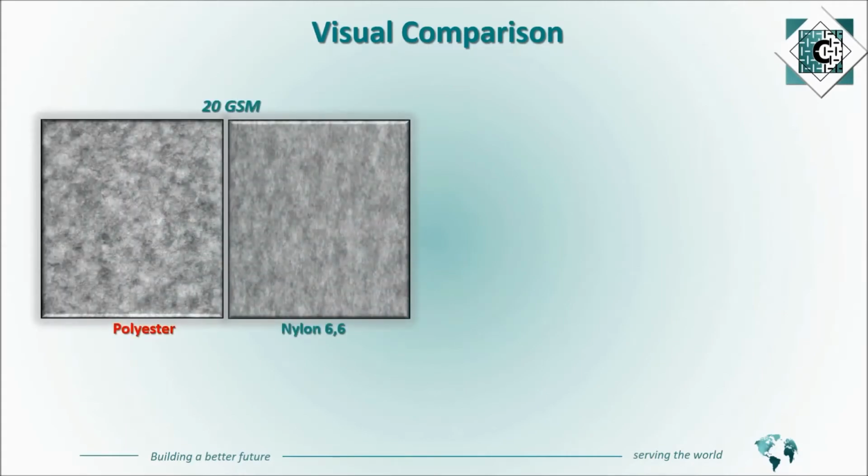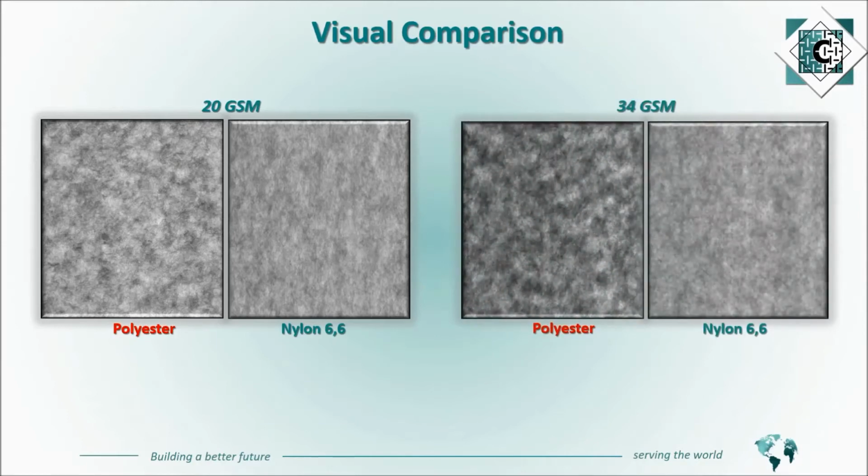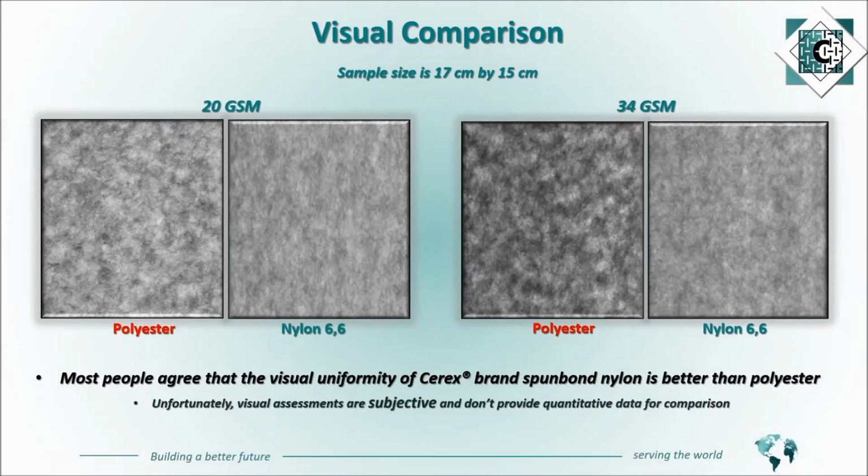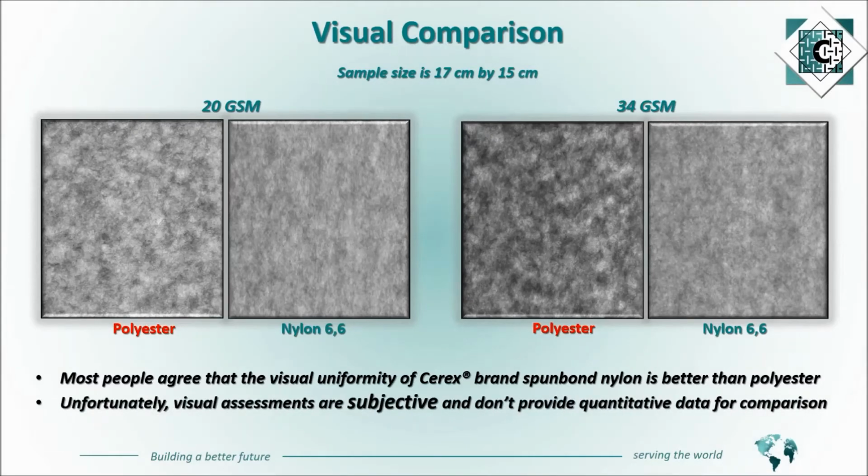So when we look at uniformity, we look visually at uniformity, and traditionally have tried to judge the uniformity of different substrates with our eyes. As you can see by these pictures, there's thin spots and thick spots in both a 20 gram per square meter and a 34 gram per square meter sample.